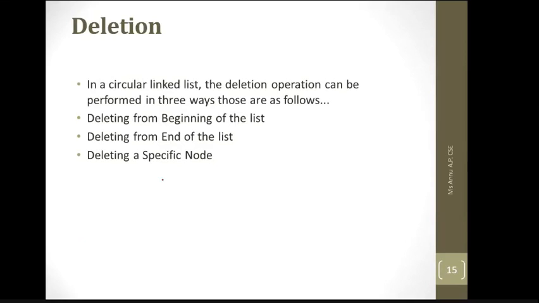Deletion from a given specific position is exactly the operation we performed on singly linked list, because when we are accessing any node at a given specific position, we are not talking about the last node or first node, because the difference in singly and circular linked list is only in terms of its last node. So we will be discussing only these two operations. We have already discussed the deletion from a specific position in singly linked list.